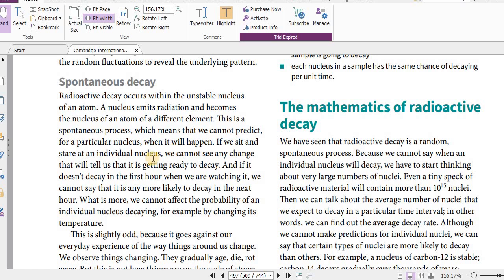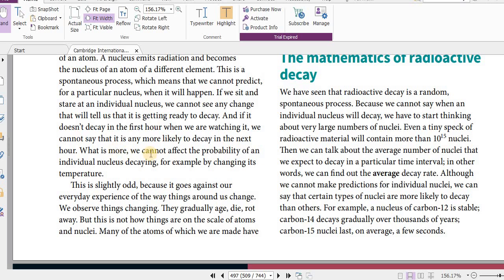If we sit and stare at an individual nucleus, we cannot see any change that will tell us that this is getting ready to decay. And if it doesn't decay in the first hour, when we are watching it, we cannot say that it is any more likely to decay in the next hour. So this is what I explained. What is more, we cannot affect the probability of an individual nucleus decaying, for example, by changing its temperature.